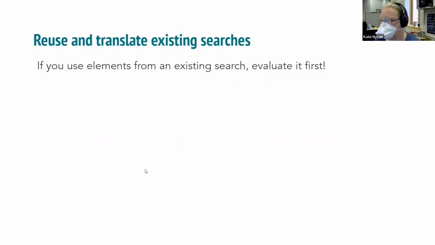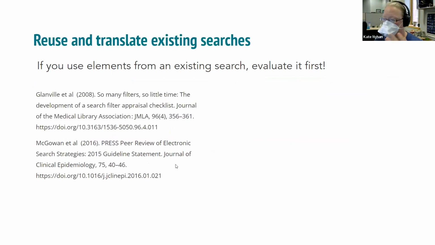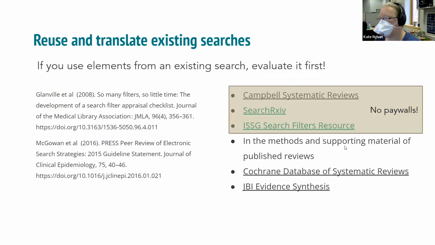Now, when you are translating a search, please evaluate the search that you're using as raw material first. Some papers that you can use for guidance about that are given here. And here are places where you can find these searches so that you can use them as input for your translation process.